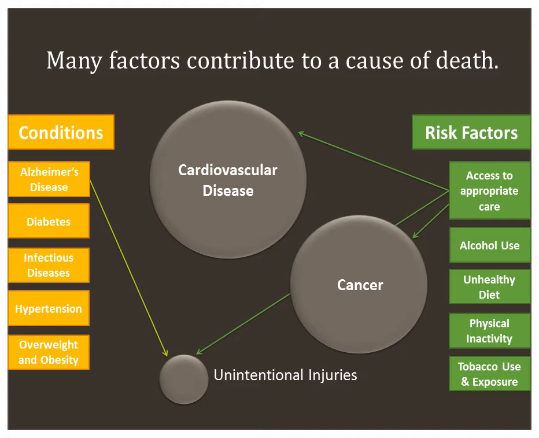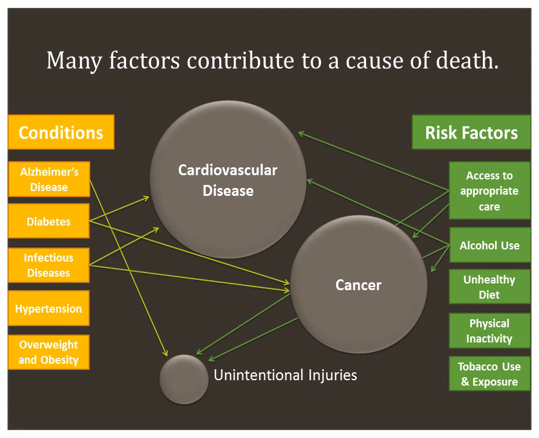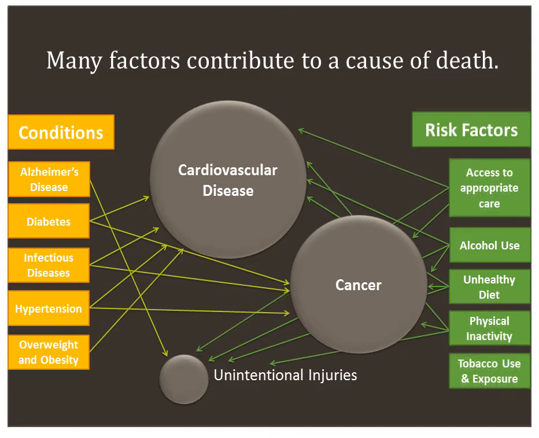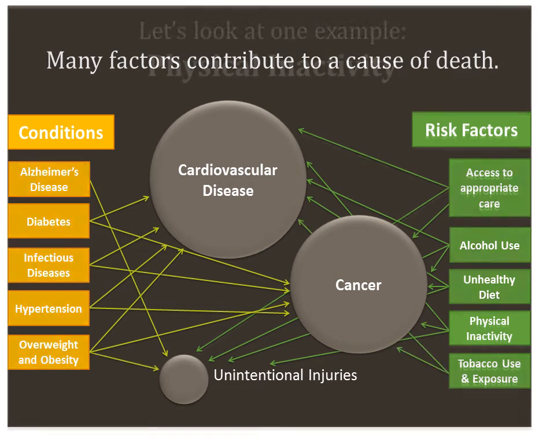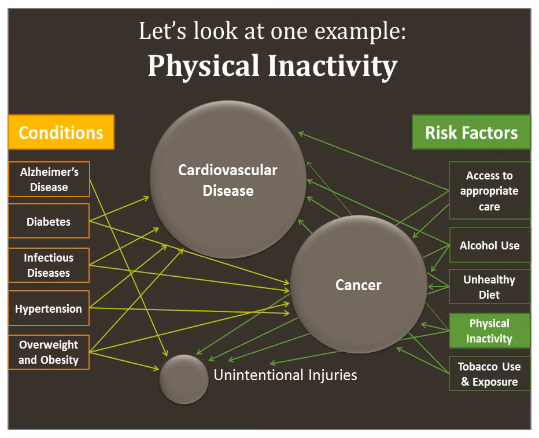If we follow the arrows, we can observe how the health concerns and risk factors contribute to these 3 causes of death. Let's look at just one risk factor as an example, physical inactivity.